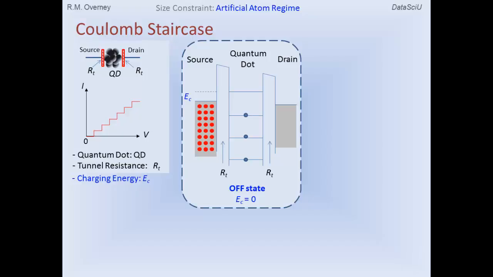This is indicated here with the blue dot-filled electron levels on the quantum dot in relation to the red electron sea of the source electrode. Filling the quantum dot up with electrons produces an electric potential that inhibits further electrons to tunnel through the barrier. This aspect is reflected in the energy diagram and indicated as off-state.